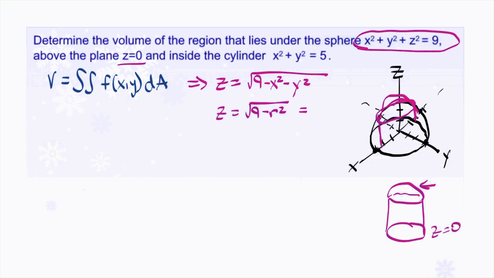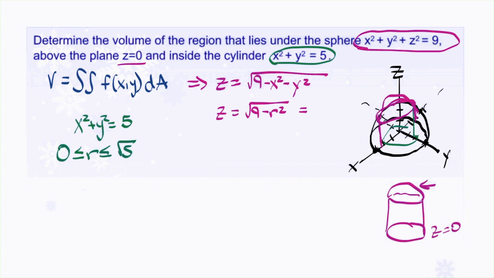If we look at the r value, because we're inside a cylinder, in terms of our bounds, we're inside of this cylinder. So that means our r values are going to go 0 to square root 5. And because it's the entire area inside of the cylinder, we are going to go 0 to 2 pi for theta.